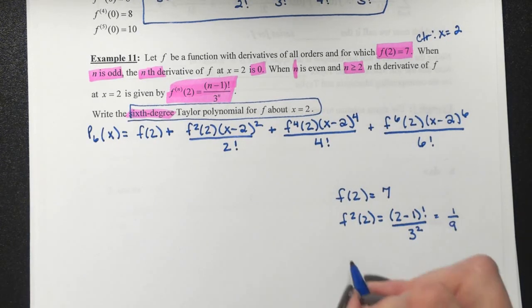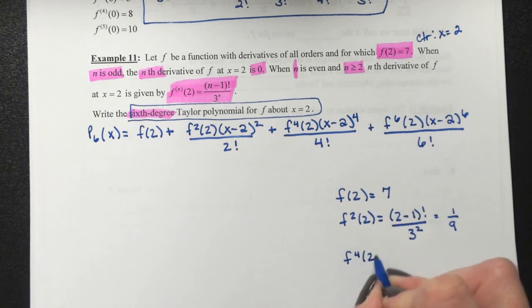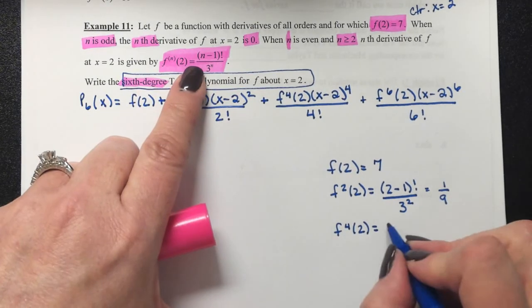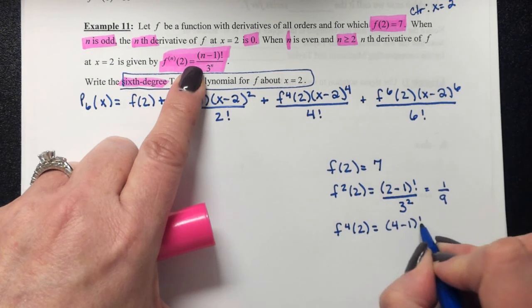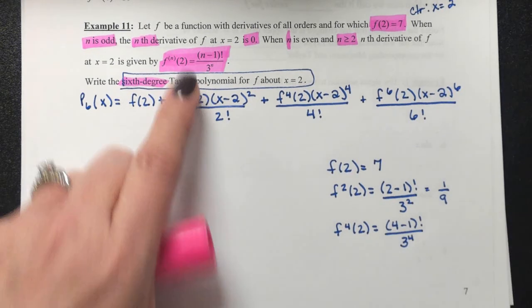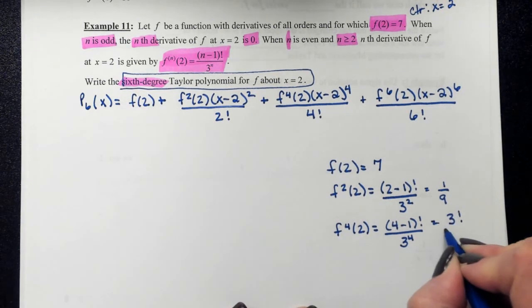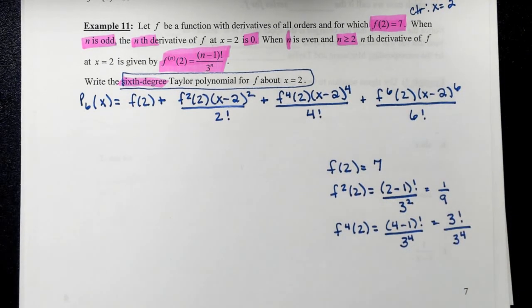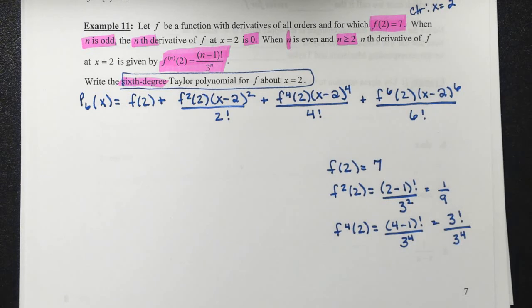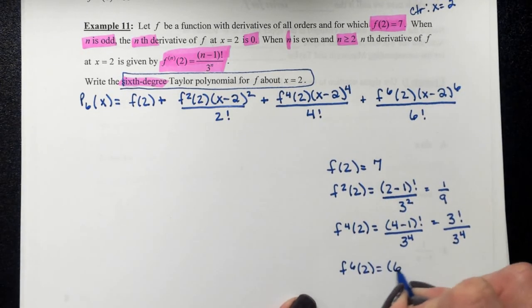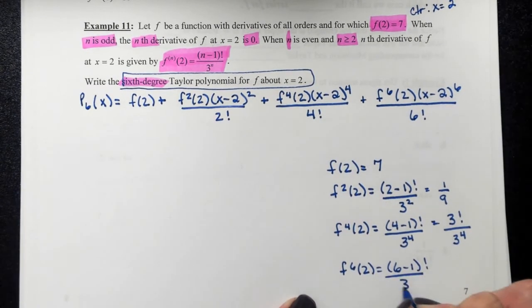The fourth derivative at 2, I'll plug in 4 for n, so I'll have (4 minus 1) factorial over 3 to the fourth. And again, it's okay to leave this as 3 factorial over 3 to the fourth. And then finally, your 6th derivative at 2: (6 minus 1) factorial over 3 to the 6th.